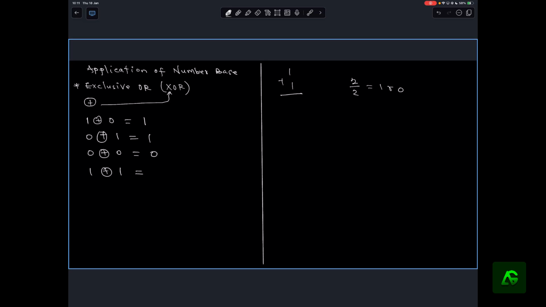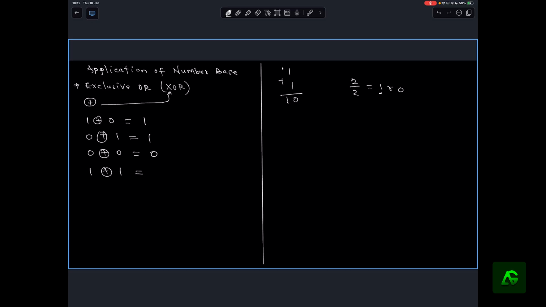So we'll write the remainder here. Then this one will be carried, right? We are going to carry this particular one to the next number. This one is carried to this place, so I'll bring it down. So what I'm saying is that 1 plus 1 in normal binary means 10.